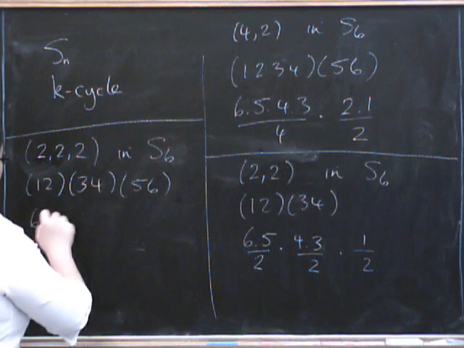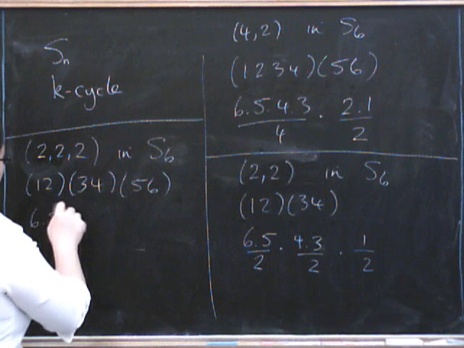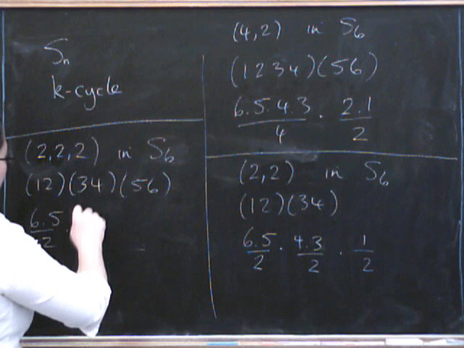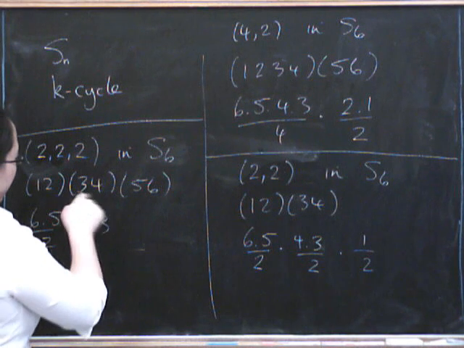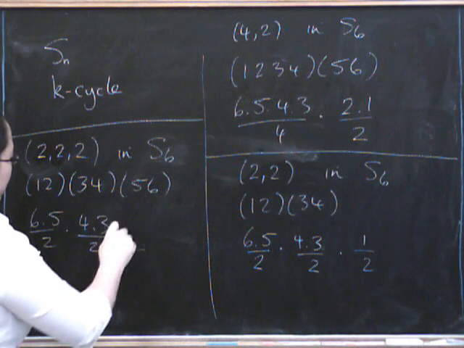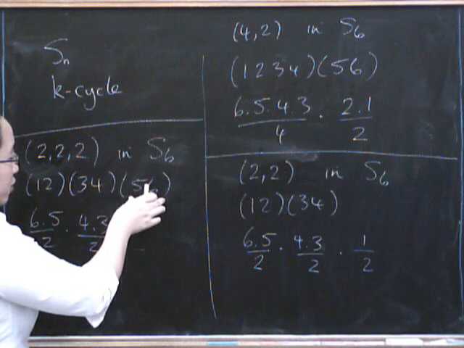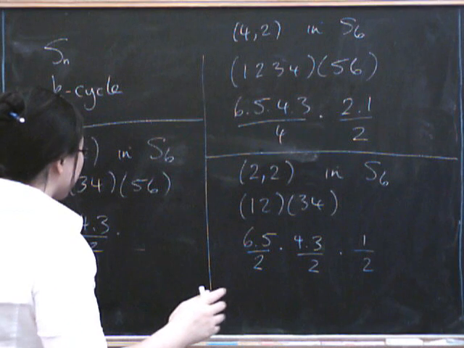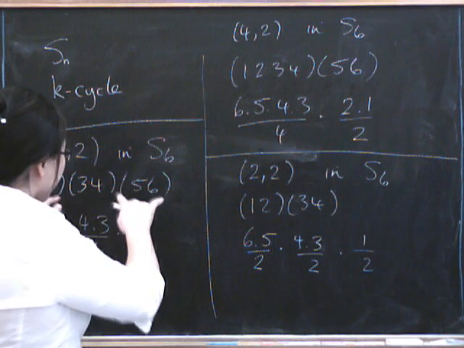So I've got a choice of 6 numbers and then 5 numbers for these 2, and I've overcounted by 2. Then I have a choice of 4 and 3 for these 2 numbers, and I've overcounted by 2. Now, I haven't got any choice left about which 2 are going to be the last 2 numbers, because it's only the 2 remaining numbers, right? So that gives me 3 transpositions.